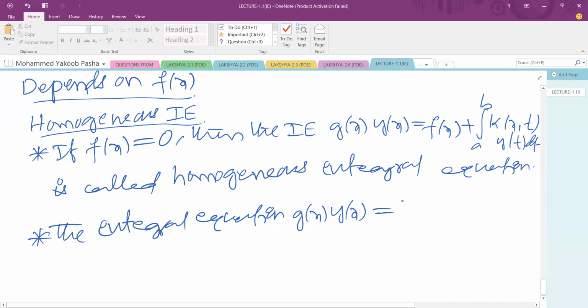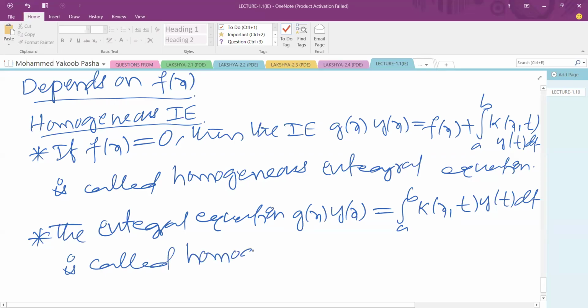F of x is 0, so the right side becomes integral a to b k of x comma t y of t dt. This integral equation is called a homogeneous integral equation, only when f of x is equal to 0.